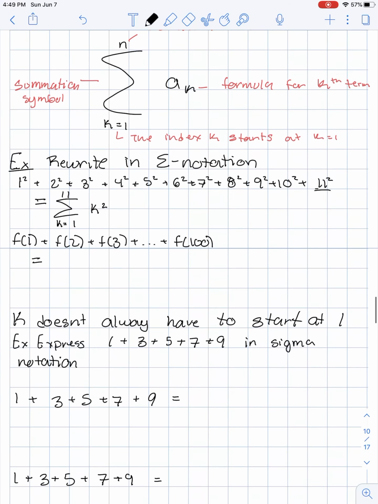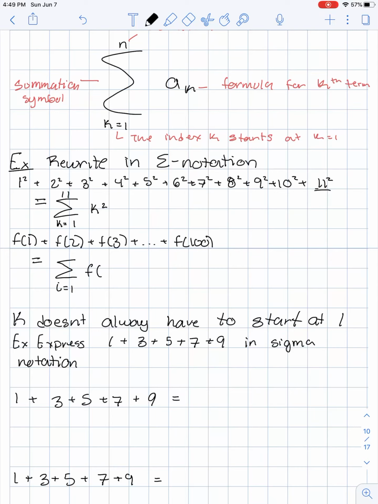All right, so for the next one, I'm not given any numbers, but I can still write it in summation. Let's choose something else. Let's choose i equals 1. I know I'm going to plug into my function f.